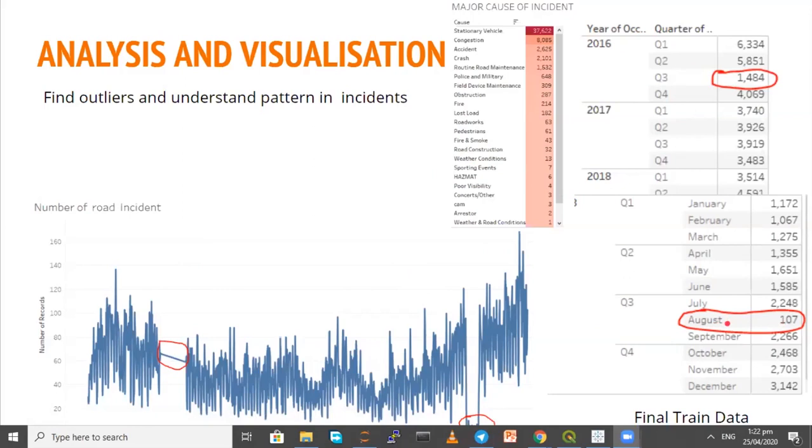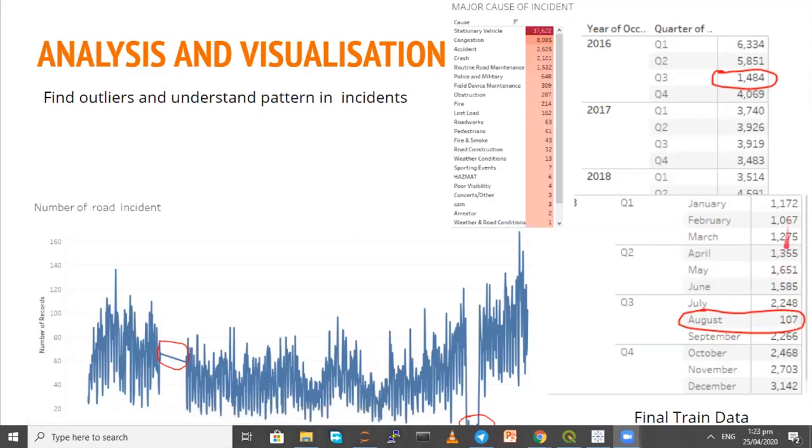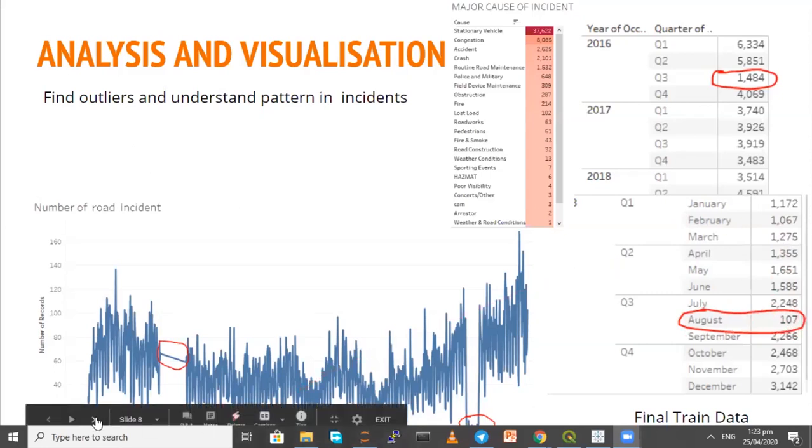So we assumed that maybe during that period, the government or the organization couldn't record more data, or they had issues with their recording system or database, because the mean value of incidents per month was within 900 and 1,000. Then having only 100 incidents in a month looks strange and unbelievable.